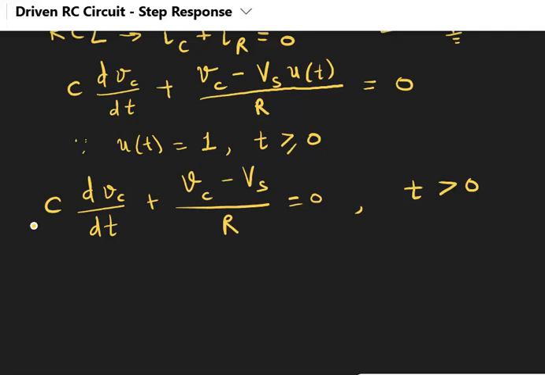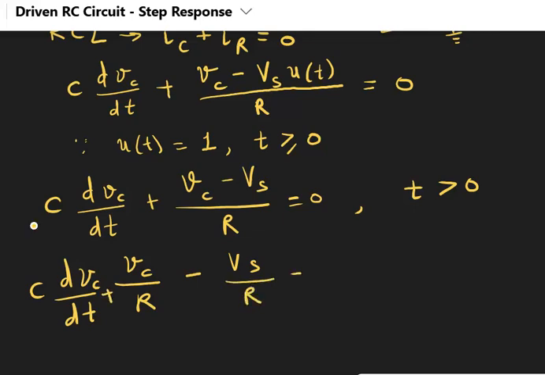Now simply rearrange the terms and separate the variables. So we can separate these Vc terms: C dVc by dt plus Vc by R minus Vs upon R equals to 0.